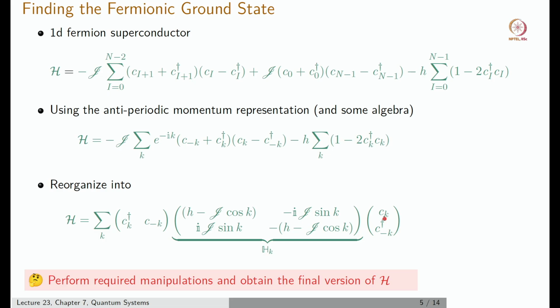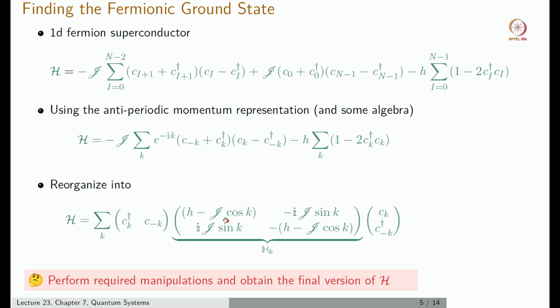So you see, you start from any state, you destroy a fermion of positive k, or you create a fermion with negative k, the change in momentum is still minus k. That is why you are able to combine these two. Okay, and you rewrite this. Now first you have to observe that this is a Hermitian matrix, and it has some nice properties. If you look at it, you will see that the trace of this matrix is 0.